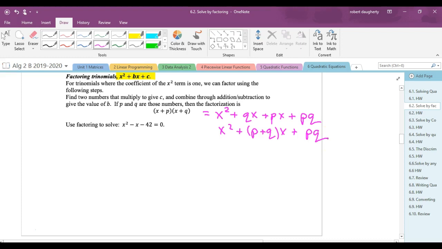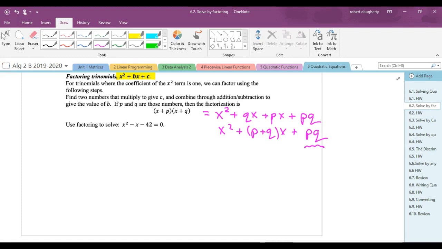If I'm looking to factor something that starts out like this, and I want it to look like this, I'm looking for these numbers p and q. P and q must multiply to give me whatever this number is.